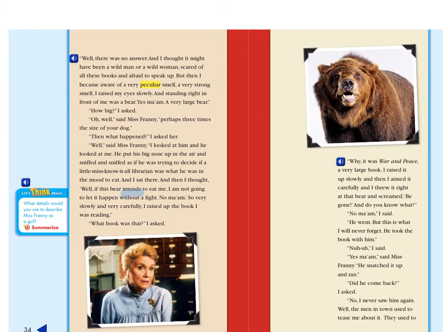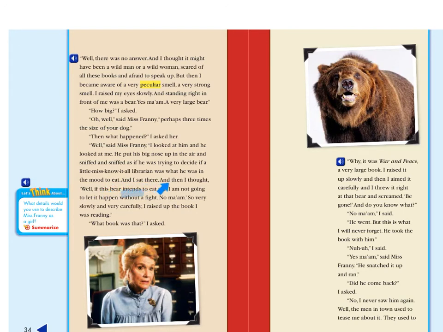How big? I asked. Oh, well, said Miss Franny, perhaps 3 times the size of your dog. Then what happened? I asked her. Well, said Miss Franny, I looked at him and he looked at me. He put his big nose up in the air and sniffed as if he was trying to decide if a little Miss Know-it-all librarian was what he was in the mood to eat.